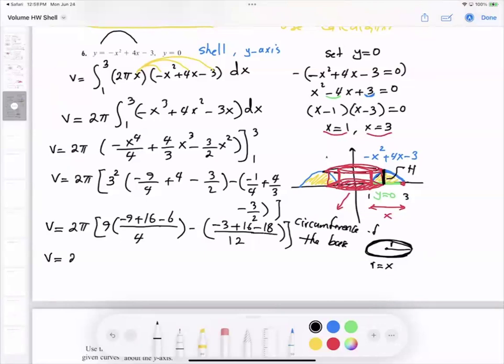So the volume is 2 pi times 9 fourths minus, so here you have -2, -5, so 5 divided by 12 now makes sense.